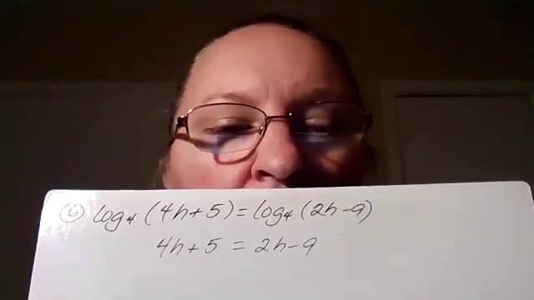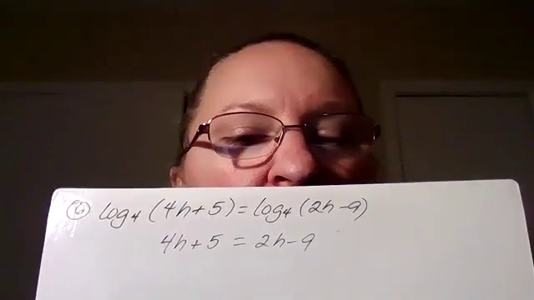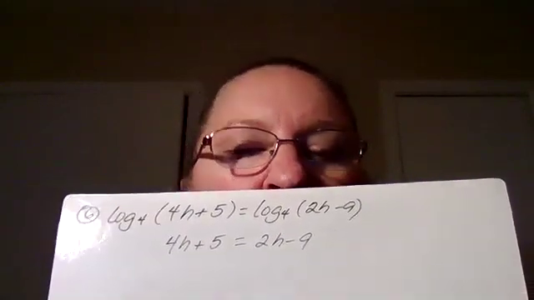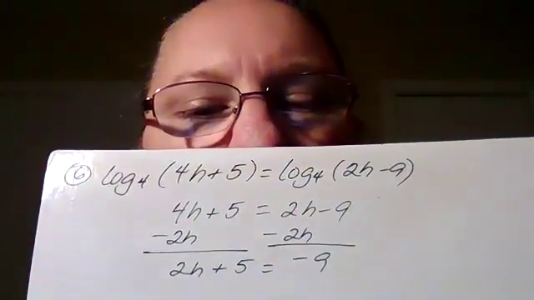I'm going to do some magic algebra stuff. So I'm going to take away the 2 h's on both sides, and I'm going to take away the 5 on both sides. So it looks like this. I'll do one step at a time. Voila. And I'll take away 5.